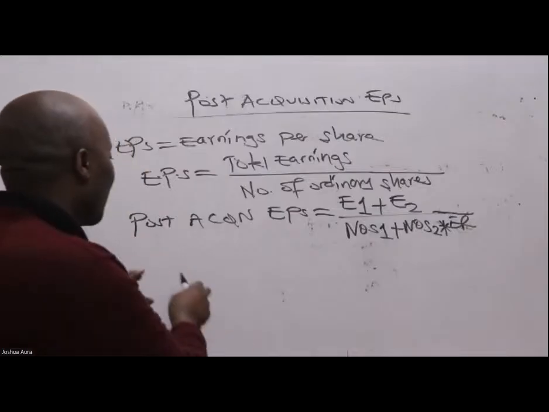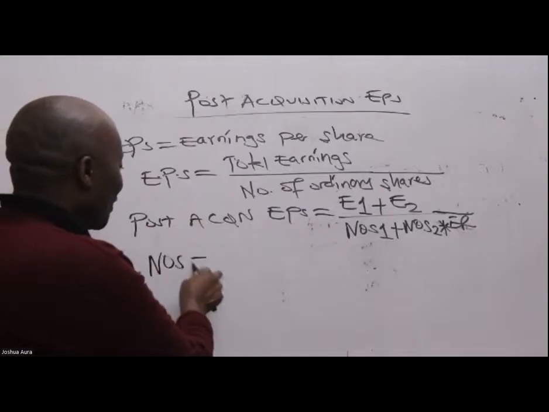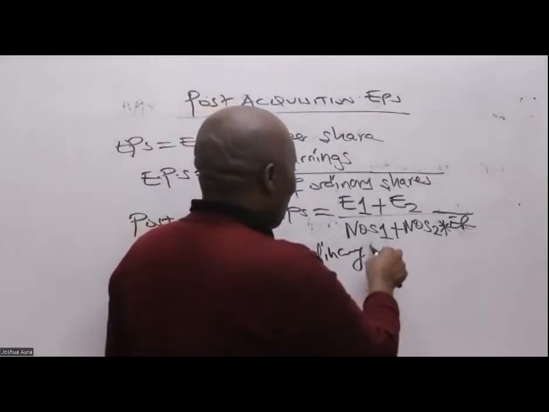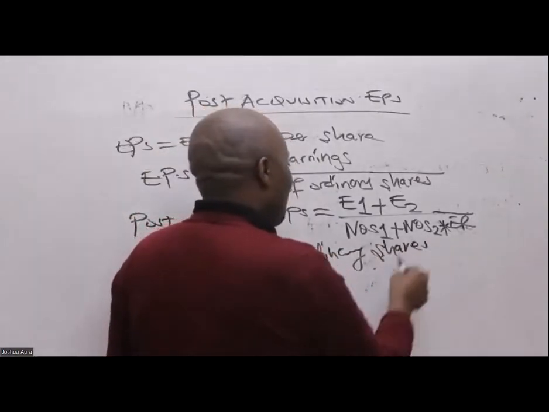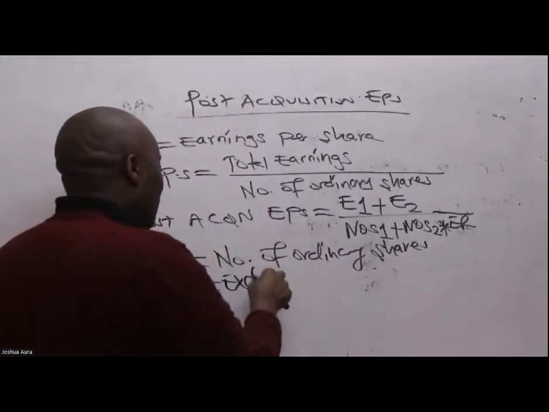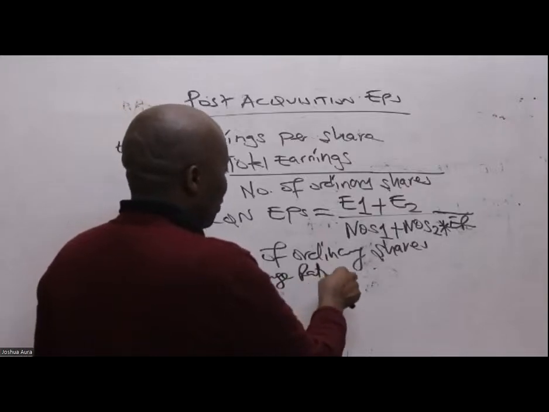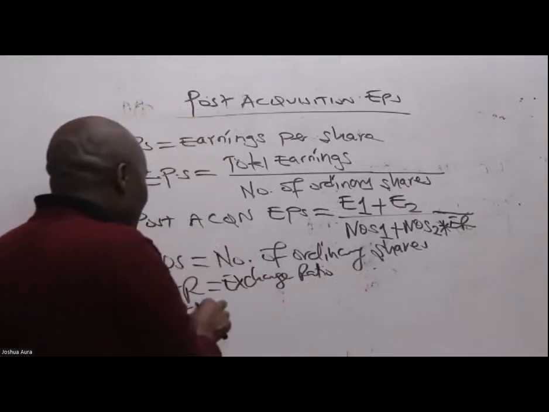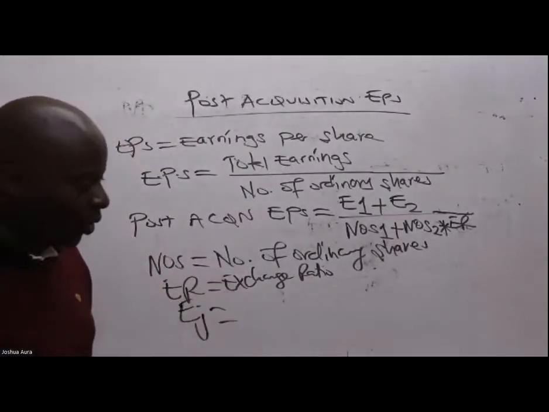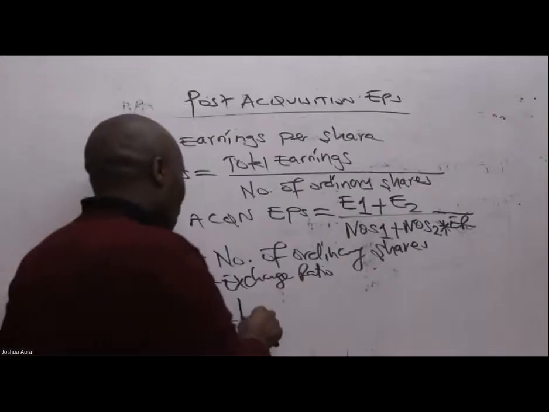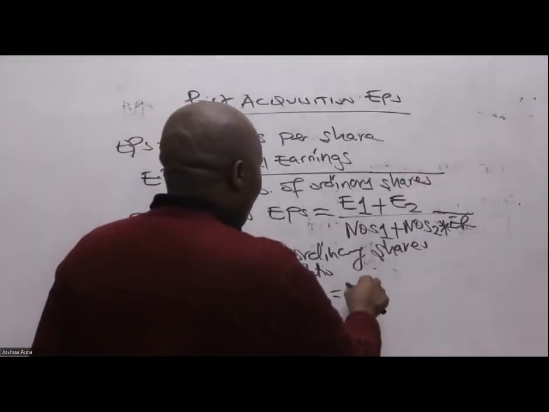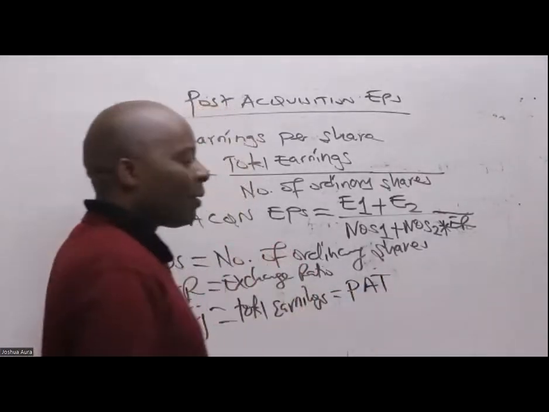So please don't forget that NOS stands for number of ordinary shares, and this ER stands for exchange ratio. And then we have EJ, where J can be a number like E1, E2. So this EJ is the total earnings, and in our case, total earnings would always be the profit after tax.